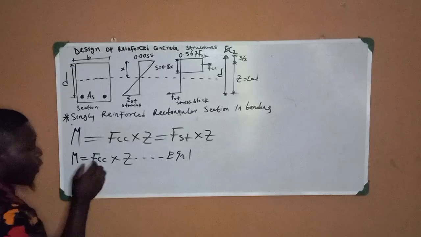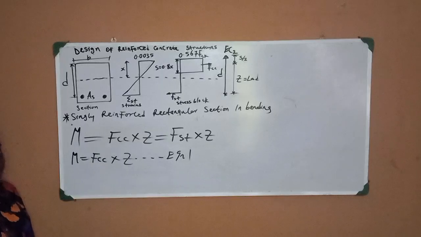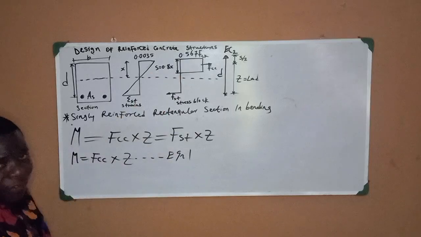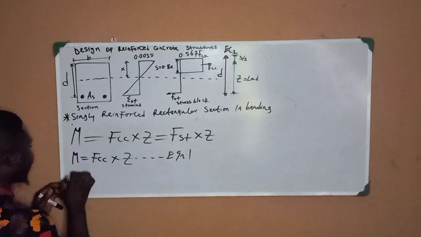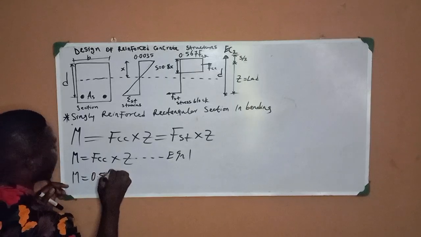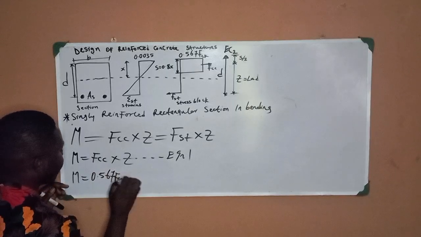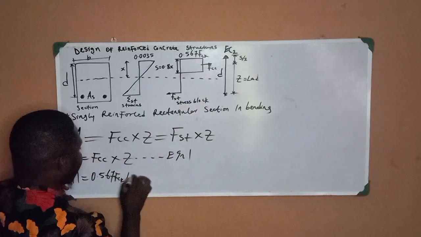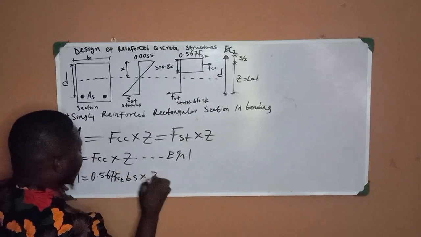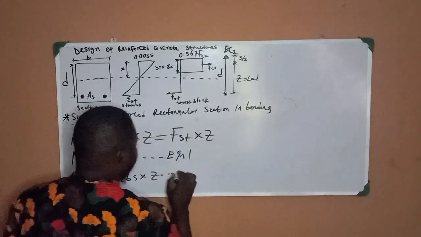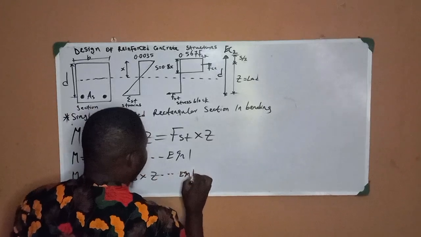Now, what happens? What is force? Force is stress multiplied by area. So the stress of the concrete here is 0.567 FCK. So I have my M will give me 0.567 FCK multiplied by the area of this section, which is BS, multiplied by Z. I will call this one equation 2 for clarity.